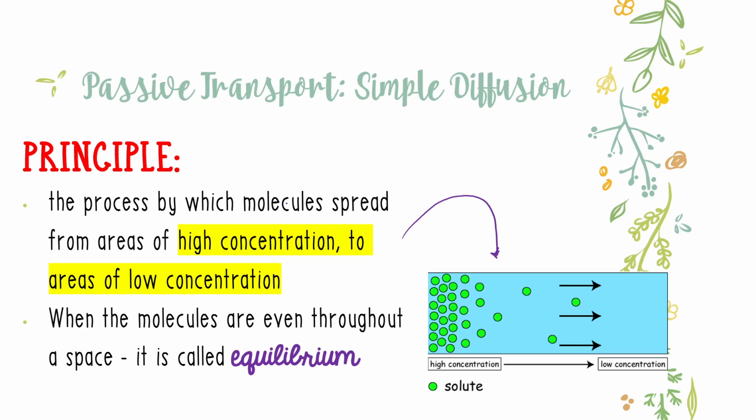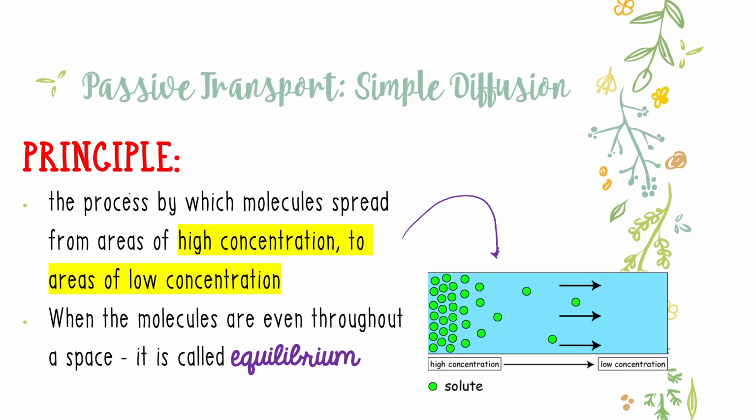And that is actually already a simple explanation why a passive transport does not require energy, because it does not go against its concentration gradient. Diba, from a high concentration to an area of low concentration. So yun yung keyword natin for your passive transport. It does not go against the concentration gradient.